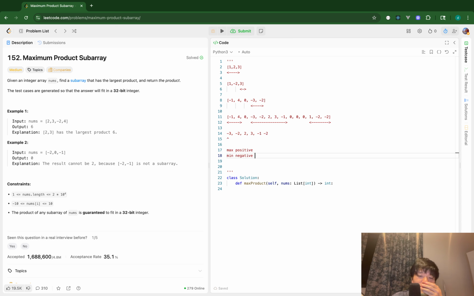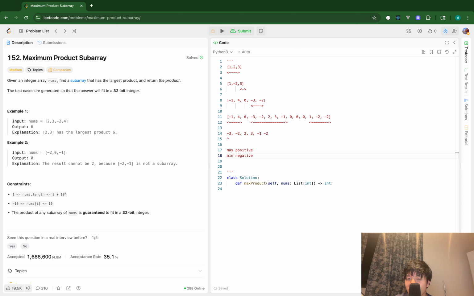Because if I have a negative number next, then it should be multiplied by the minimum of the negative number so far. In that way, it becomes the biggest number.